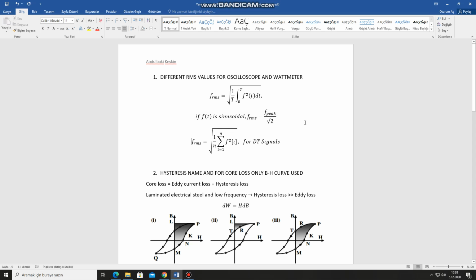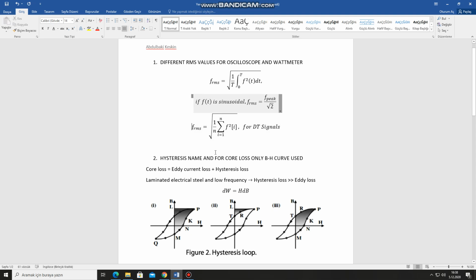However, if you look at the experiment, especially when the voltage becomes higher, our current changes and the linear relation was lost. The signal wasn't purely sinusoidal. A strange shape was obtained. So this is the reason for the different RMS values.